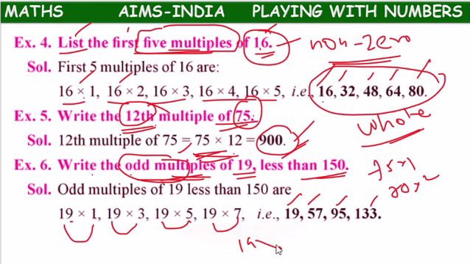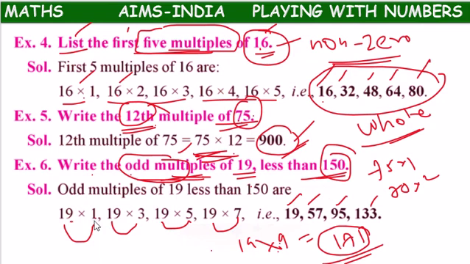If you do 19 into 9, 171, this will be greater than 150, but they are asking us to write less than 150. So 19, 57, 95, 133. These 4 we can write.